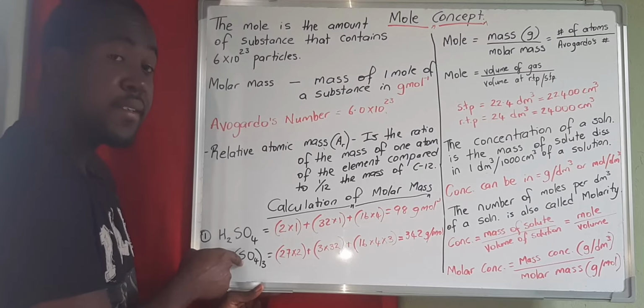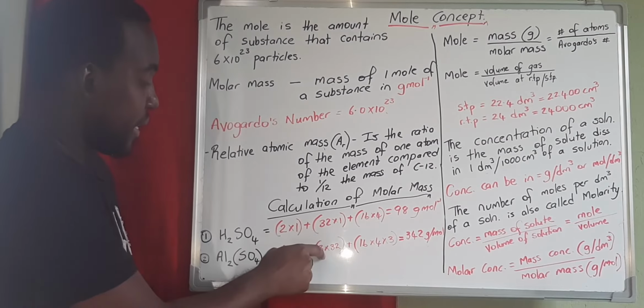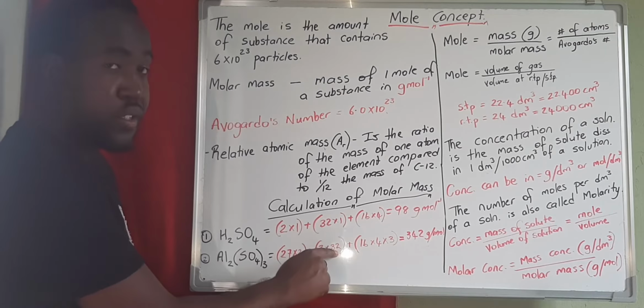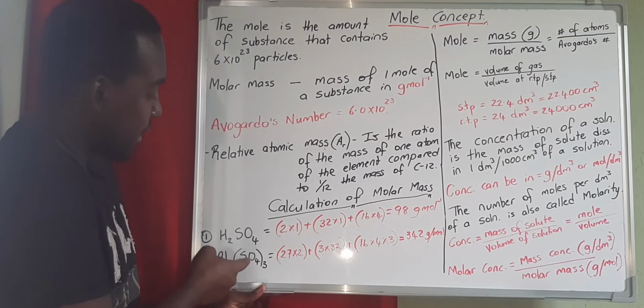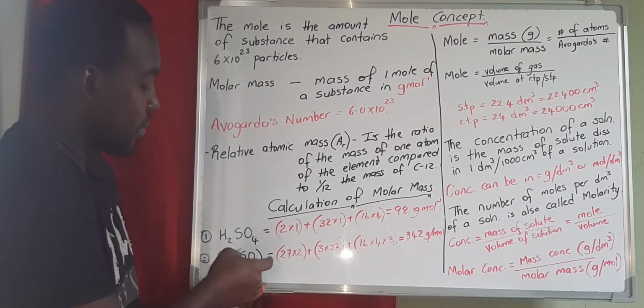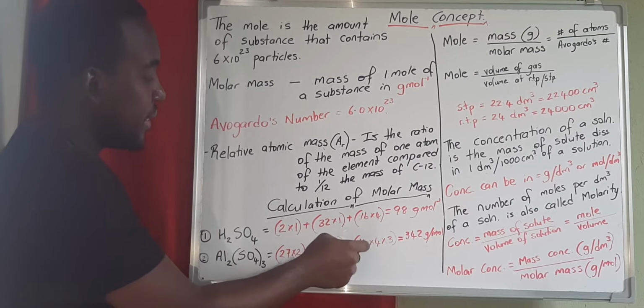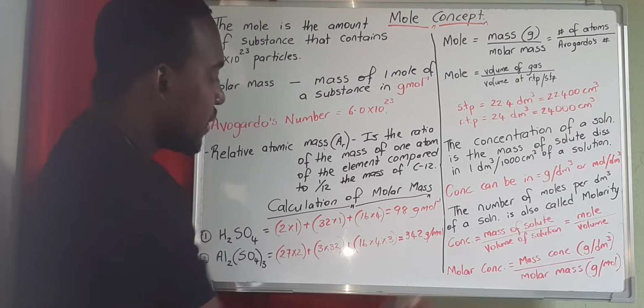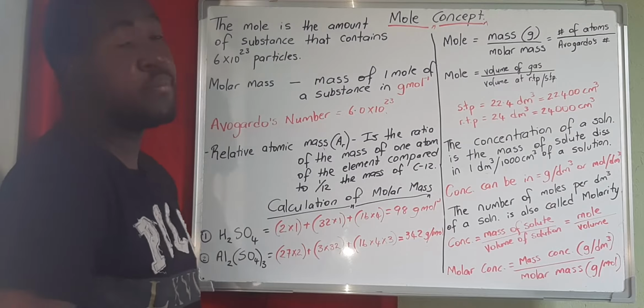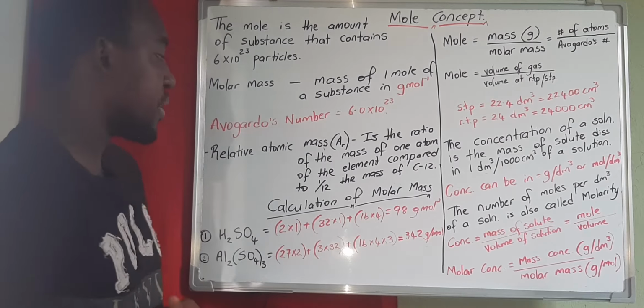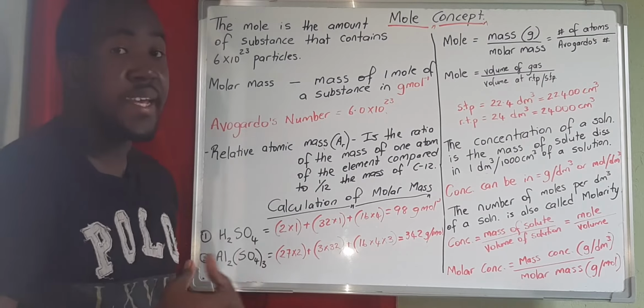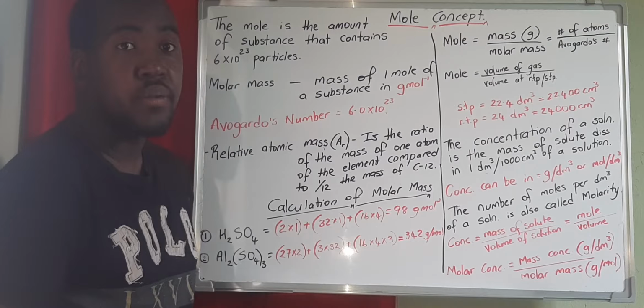So we have 1 sulfur multiplied by 3, so we get 3 sulfurs, and the mass of sulfur is 32. Plus we have 4 oxygens, and we multiply that 4 by 3, so 4 times 3 times 16, which is 192. We get 342 gram per mole. Finding the molar mass is the same process for any compound.